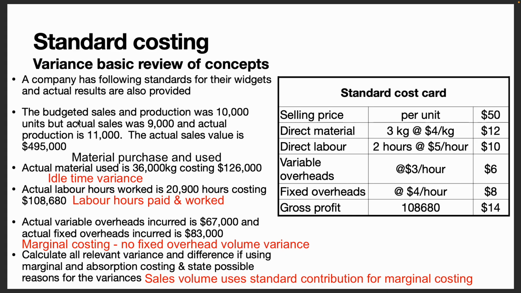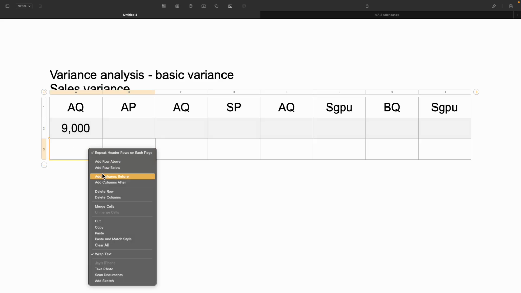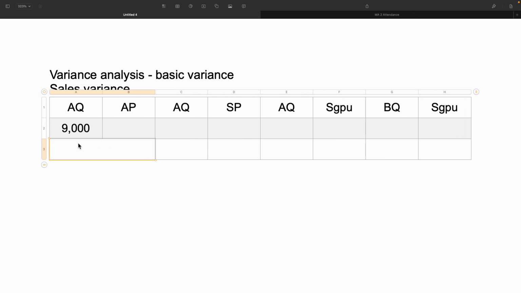Actual quantity is going to be the actual quantity sold. Actual quantity sold was 9,000. The actual price we don't know, but we know that the actual sales is going to be 495,000.